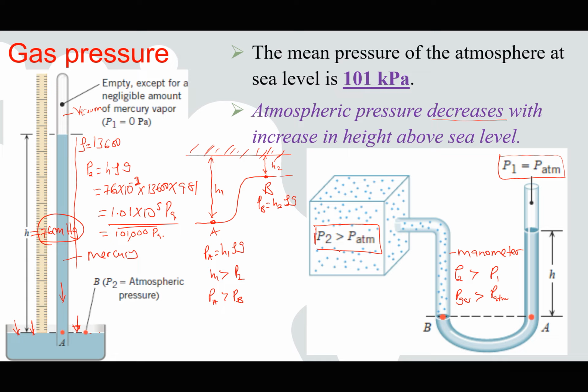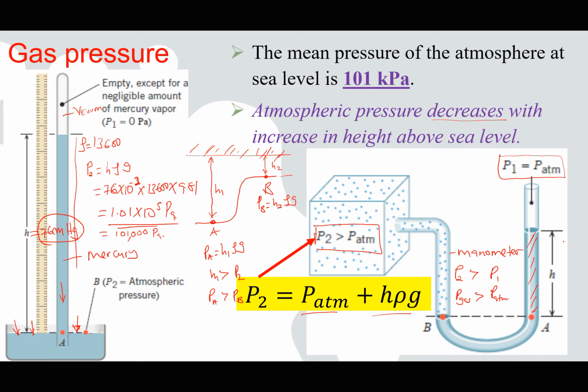So if I want to find the pressure of the gas, or the pressure P2, it will therefore be the pressure due to the atmosphere plus this rise in the liquid level, which is the excess pressure of the gas above the atmosphere. Therefore, the pressure P2 would be equal to the atmospheric pressure plus the pressure due to the height of the liquid column on the right-hand side.